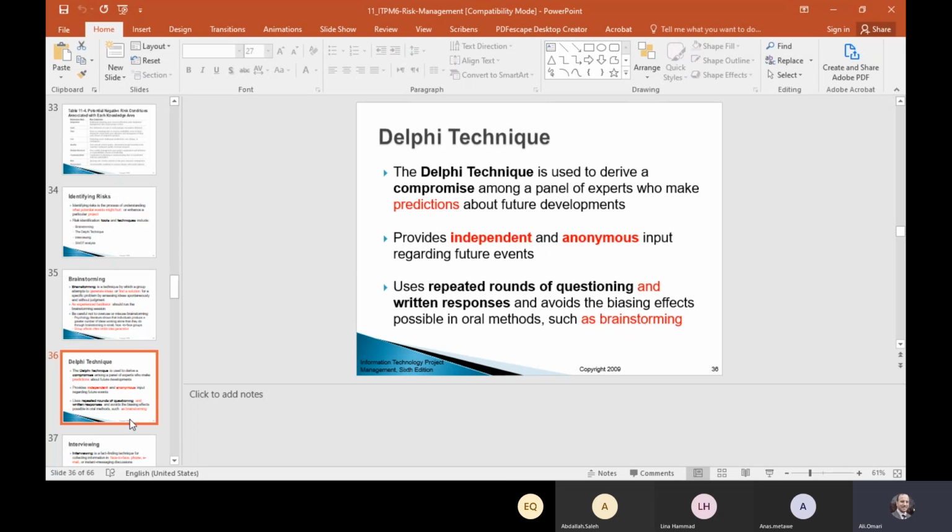So people who are knowledgeable, experts in the domain, sit together and think ahead about a problem that might face the project.